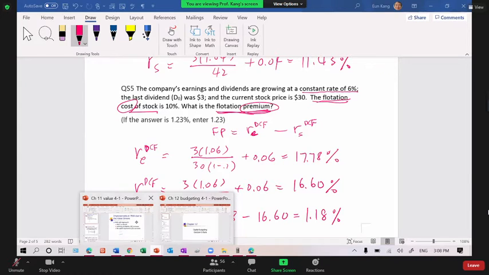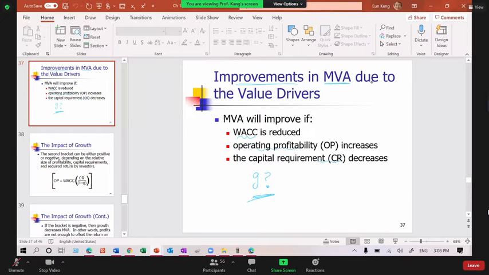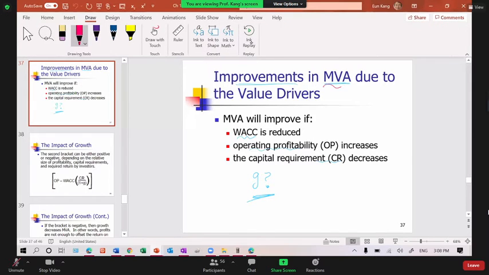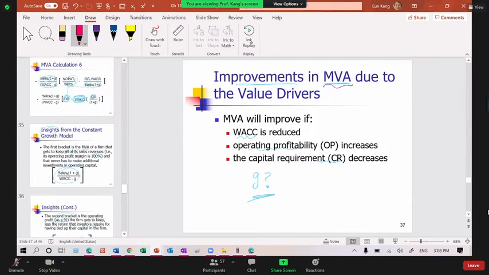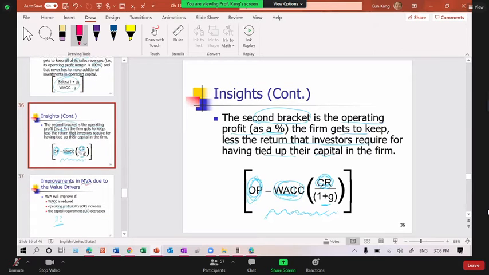Next, let's continue our lecture. Last class, we used the MBA formula. According to this formula, if OP minus WACC times CR over 1 plus g, so if OP is higher, then MBA will be higher.